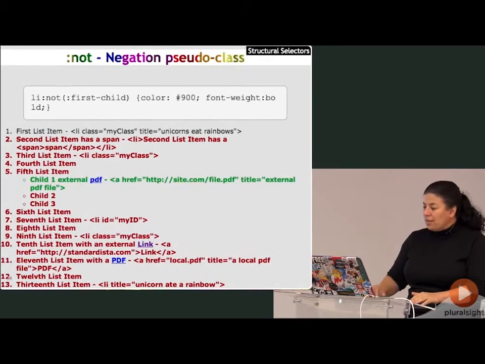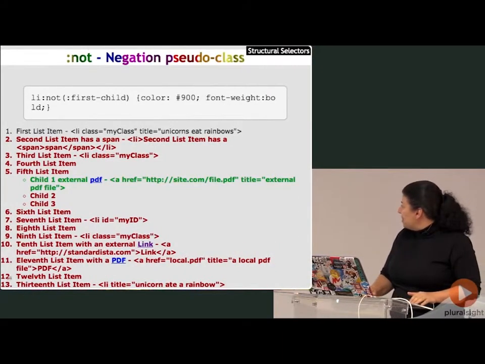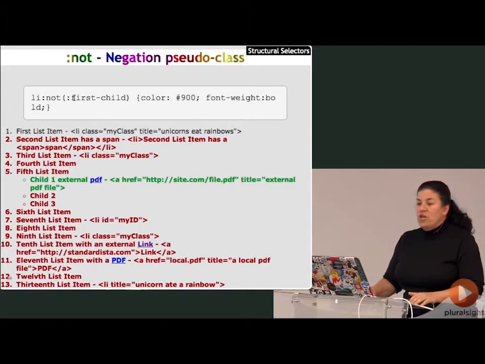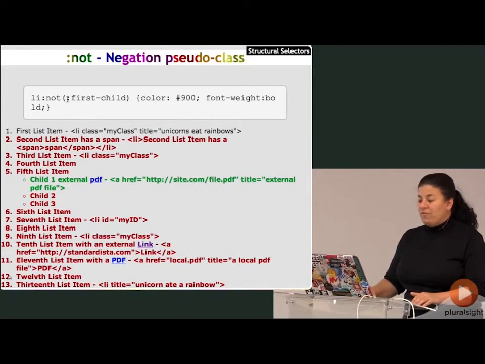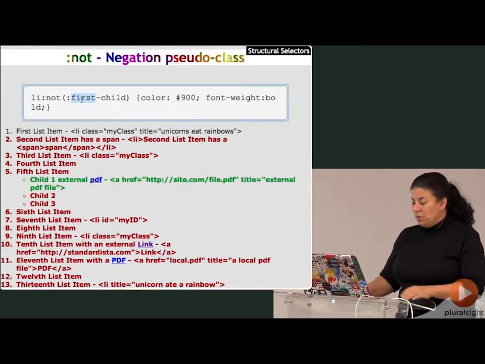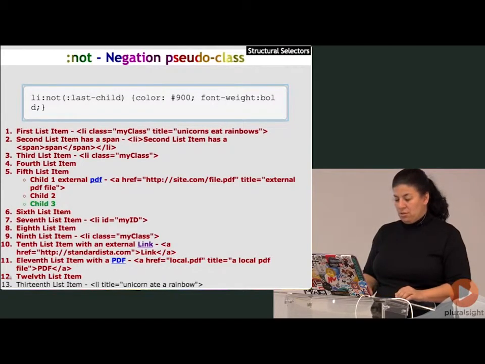So let's exclude things. This says li not first child. So everything is highlighted red and bold, except for the first one. I could have done last child, and everything except for the 13th.